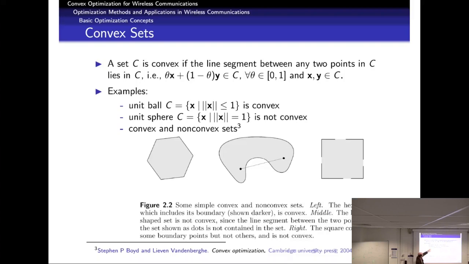But a sphere would not be convex, because the sphere is essentially the boundary of the ball, and if you take 2 points on this boundary, all the middle points do not belong to that set.